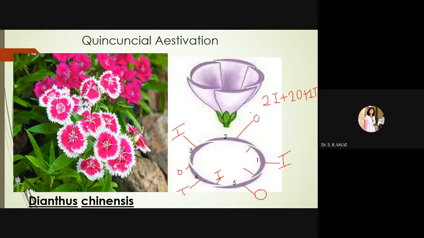In case of quincuncial, 2 are in, 2 are out, and only one is twisted, right? So that is the formula for quincuncial estivation, and this estivation is found in Dianthus chinensis flowers. Again see here, written in black, 2I plus 2O plus 1T, right?